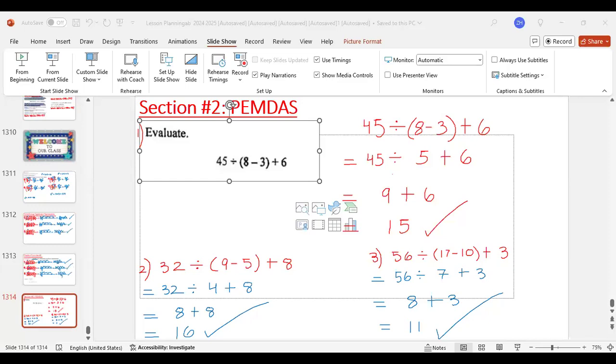All right. Okay, good. So we're gonna move on to section 3. I don't want to be on this thing forever. So let's go ahead and move on to section 3.